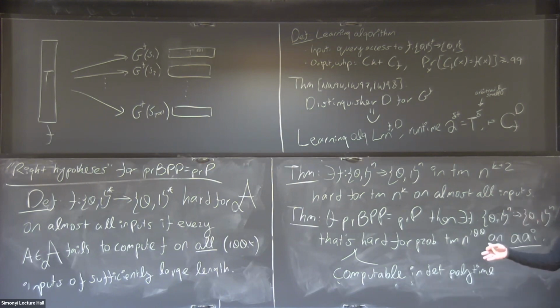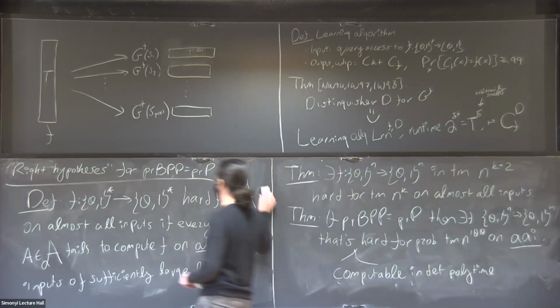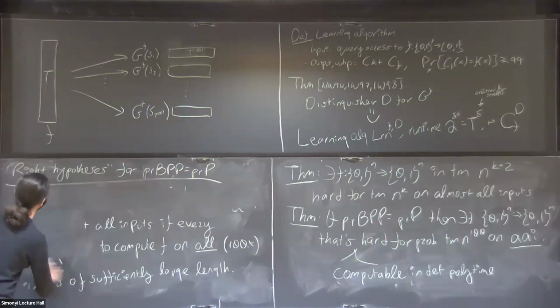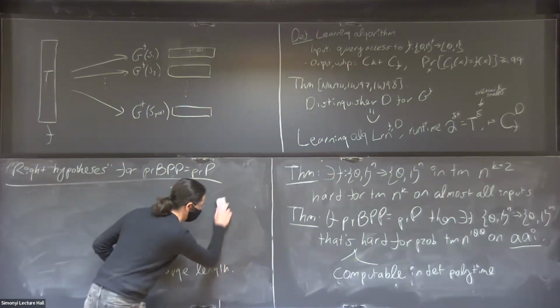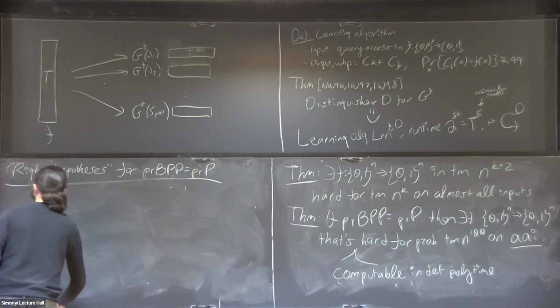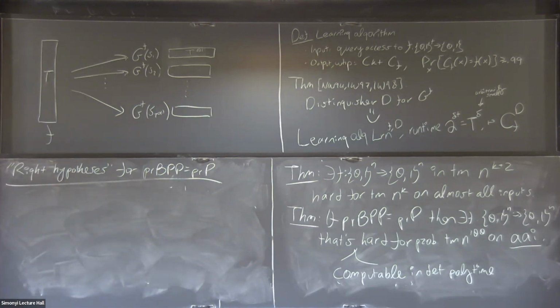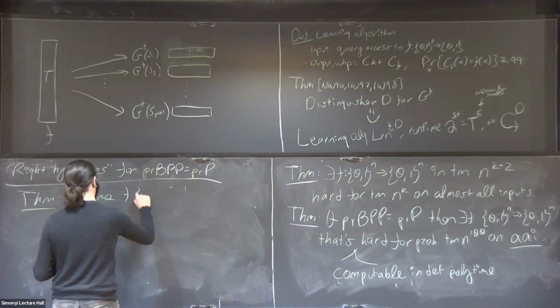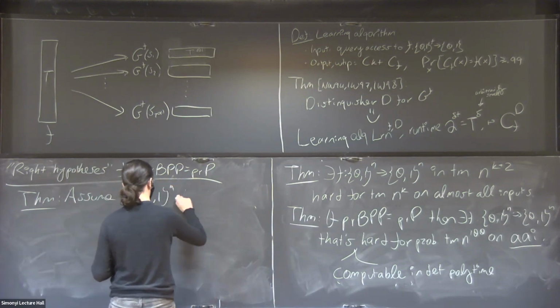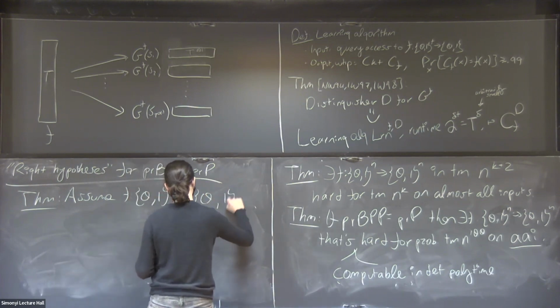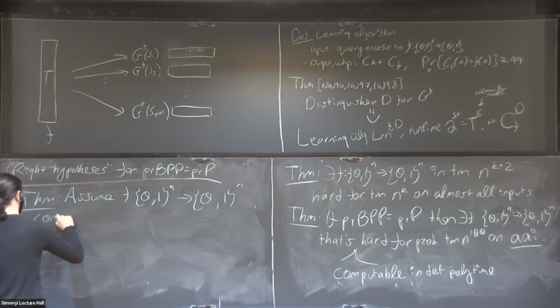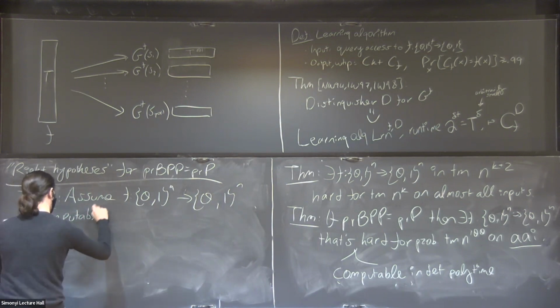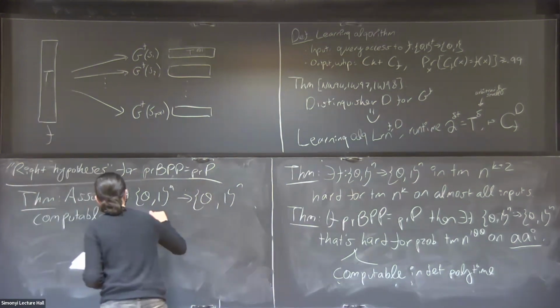And now the punchline comes when I'm going to say that it's sufficient to, see how I wrote it down, in slightly simplified form. So here, assume that there is a function f. Again, for simplicity, it's length preserving, computable by uniform circuits.